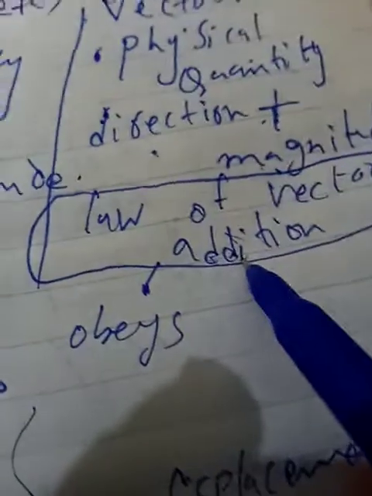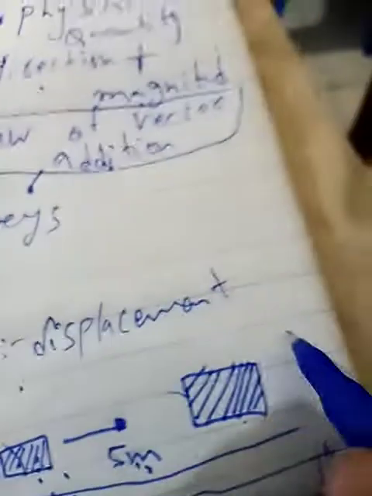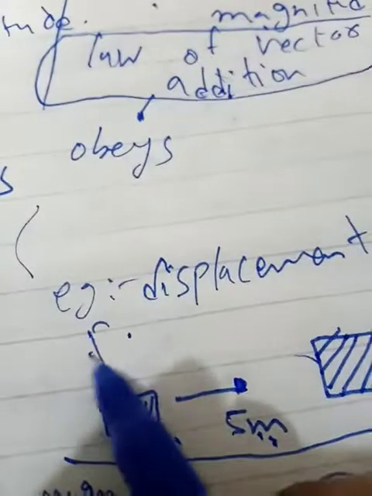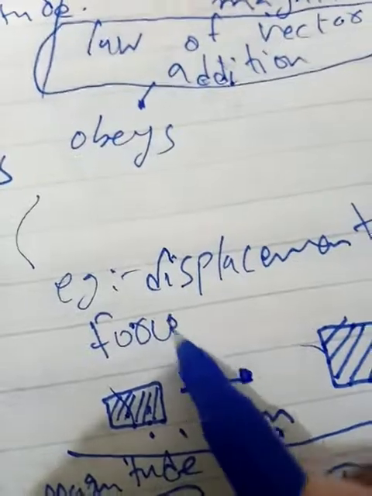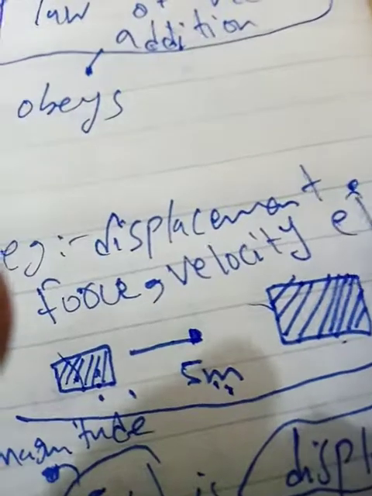Because of that, we have a law by which we can add vector quantities. Some examples of vector quantities are force, velocity, and displacement. These are the basic things you should know.